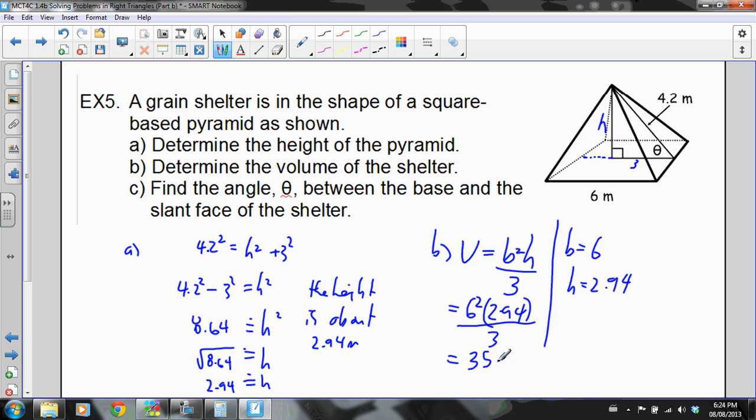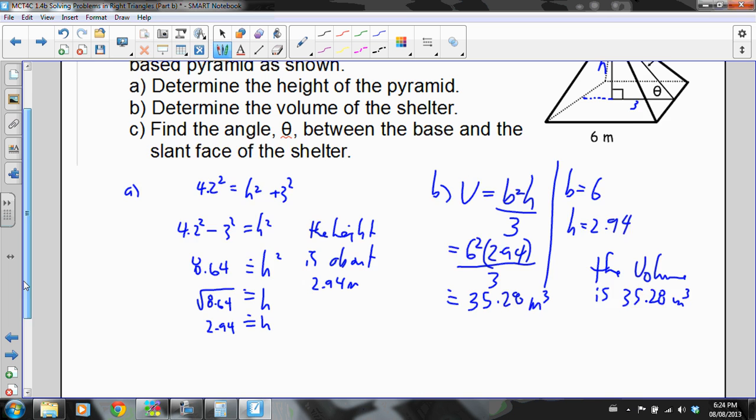We get 35.28. And the units, volume in meters cubed. The volume is 35.28 meters cubed. Part C, we want to find the angle, sort of the pitch of this grain shelter.